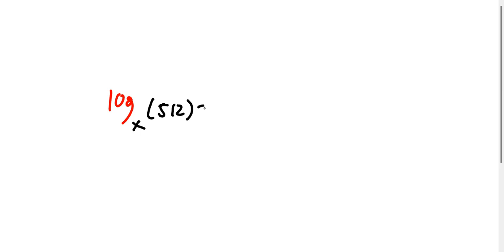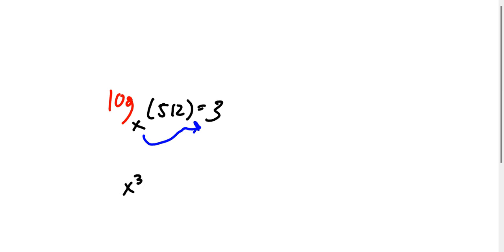Now let's move on to a different type of problem. What if we have this equation? Log base x of 512 equals 3. First things first, we're going to move the x down here. So now we have x to the third.